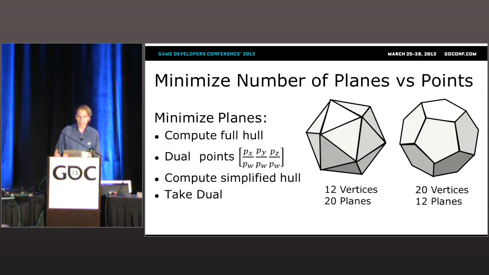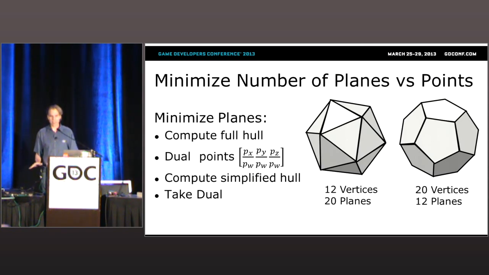Okay. Furthermore, there's this trade-off between minimizing the number of planes versus minimizing the number of points. And what I've shown up here is two platonic solids that illustrate this trade-off perfectly. One has fewer planes, one has fewer points. Now, the algorithms I described for creating simplified hulls work on vertices, and they're triangulated. But you can use what's known as a geometric dual to solve for the other one.